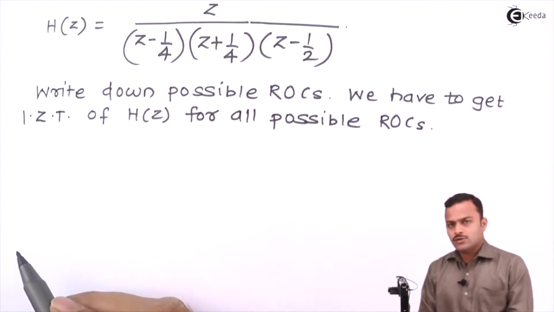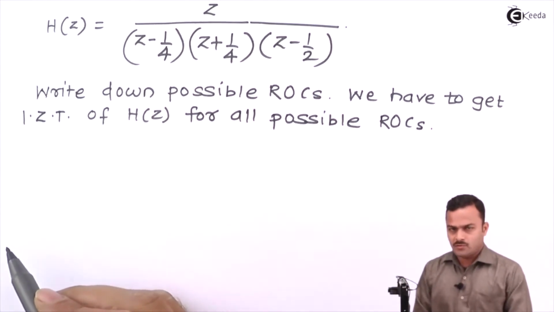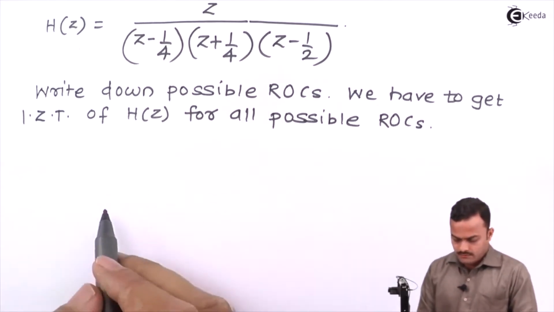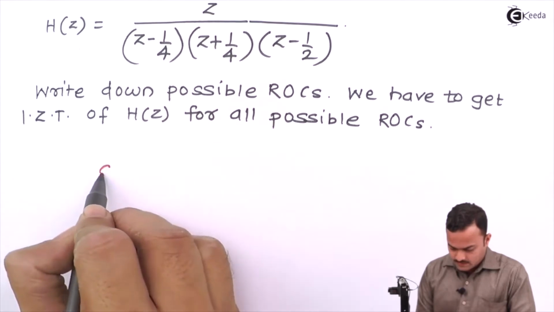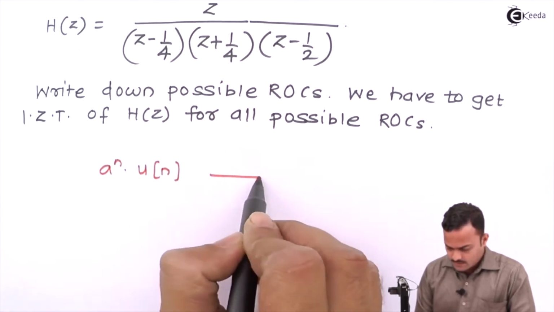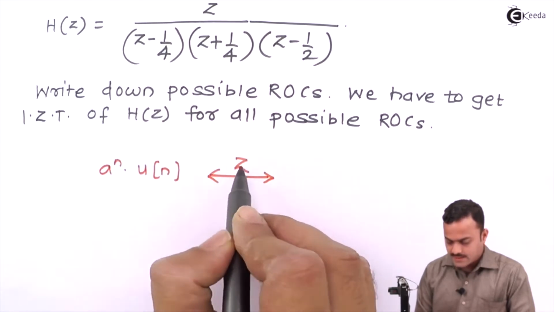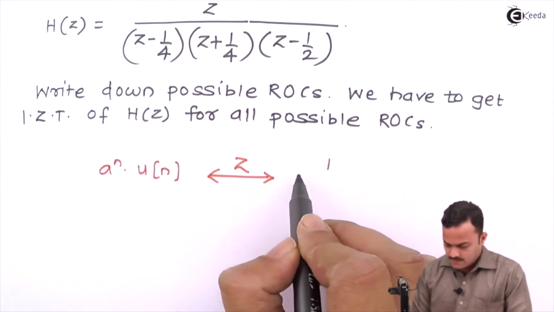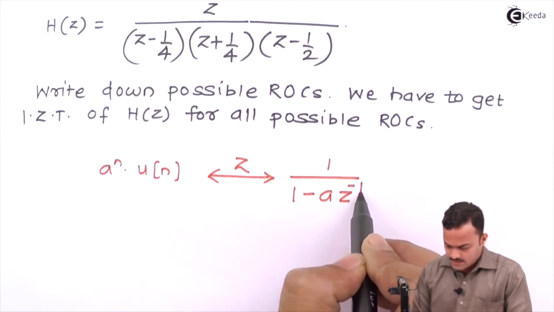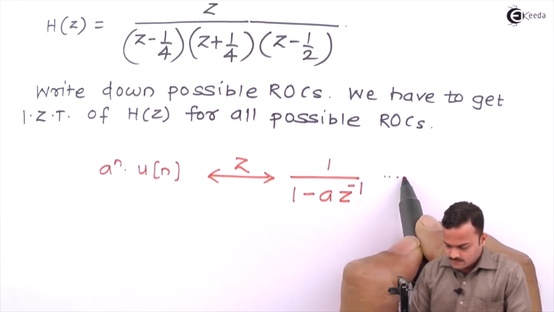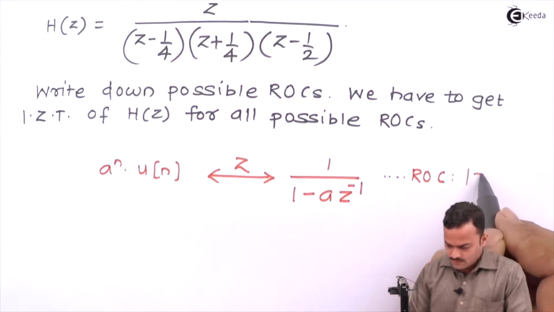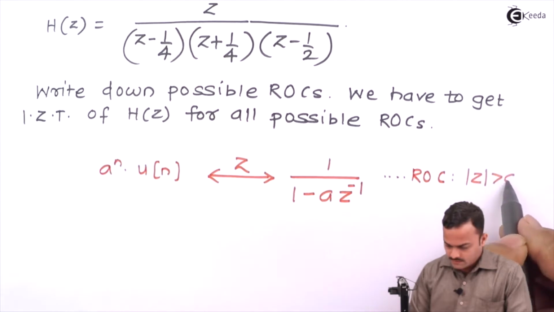See, mentioning the ROC in inverse Z transform is very much important, because we have seen whenever I have a signal a raised to n u of n, I know straight away the Z transform is 1 upon 1 minus a Z inverse with ROC mod Z greater than a.